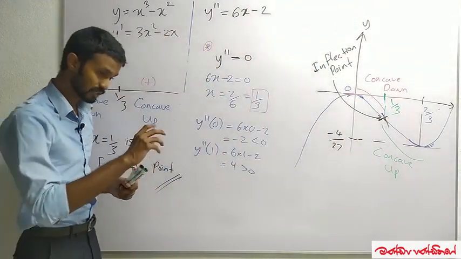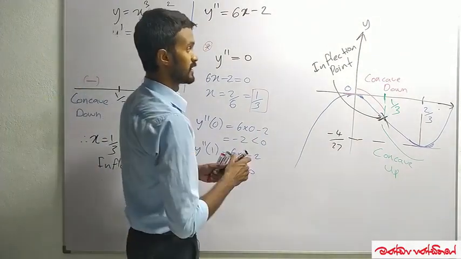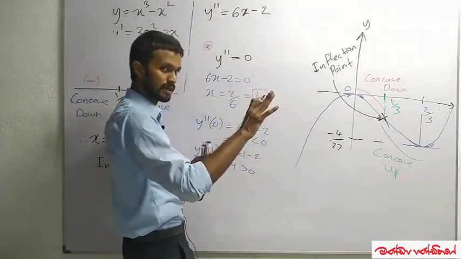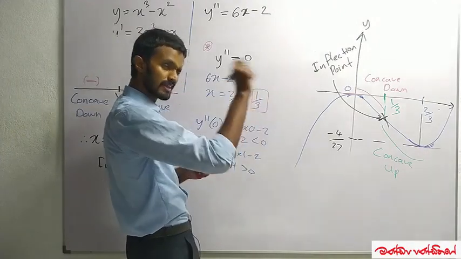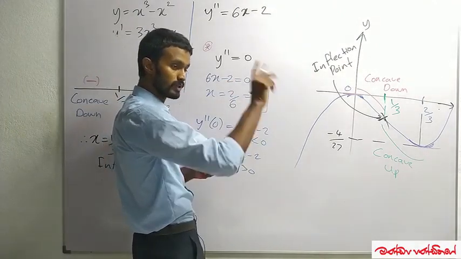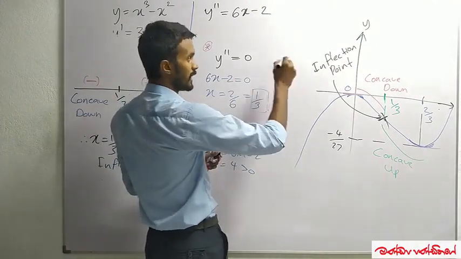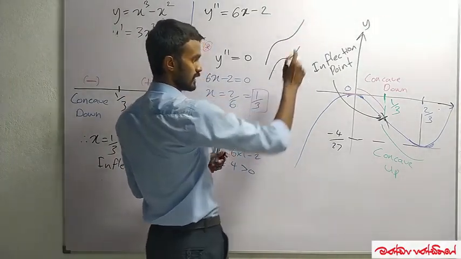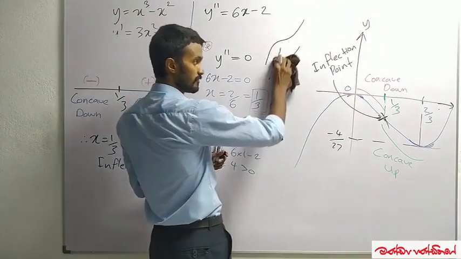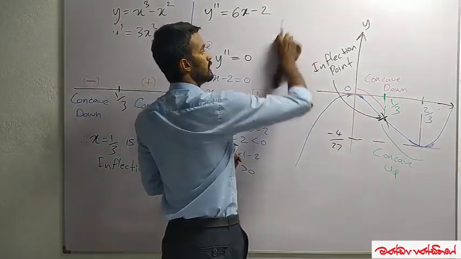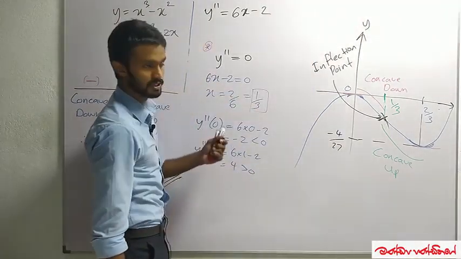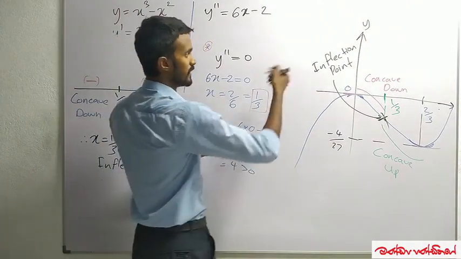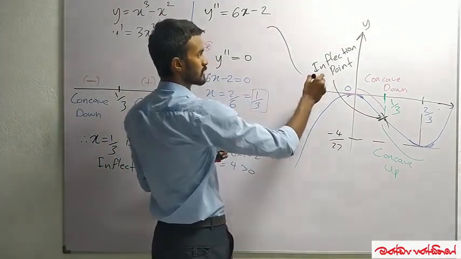But I'm repeating the thing. If the first derivative at the inflection point is equal to 0, which means it is a turning point, then the graph goes like this. If the first derivative at the inflection point is not equal to 0, then the graph just continues like this.